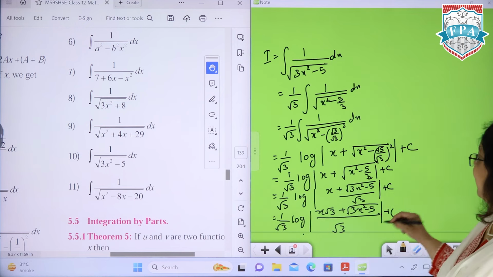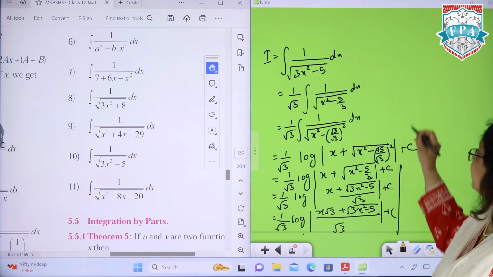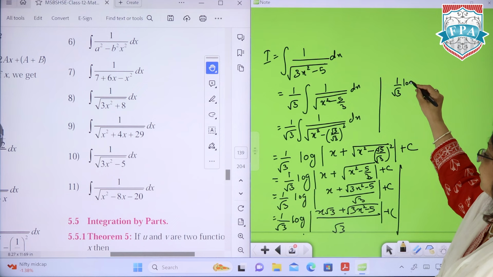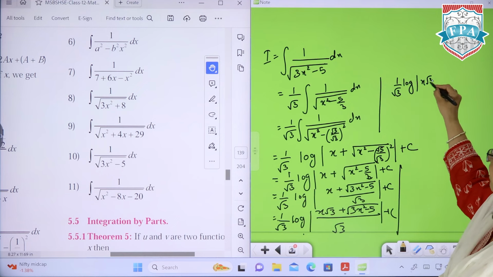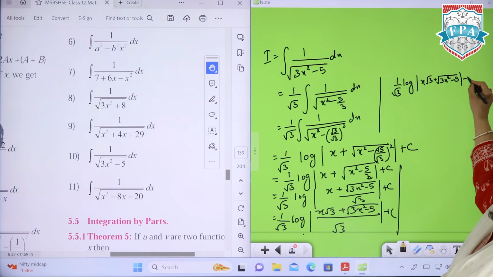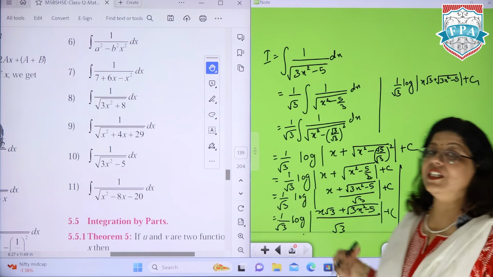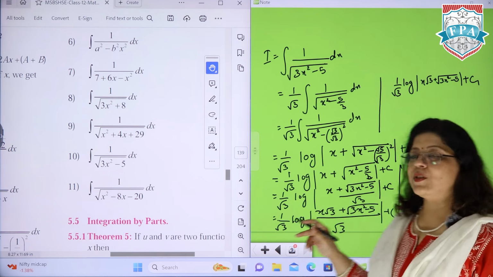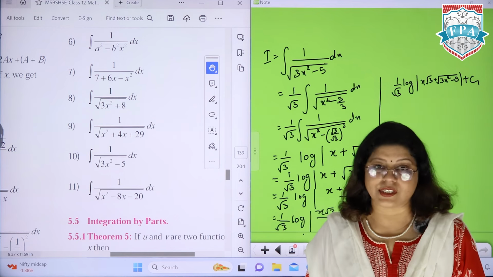So we write the final answer as 1 by root 3 log x root 3 plus root 3x square minus 5 plus c1 or c dash. Okay, because now this log root 3 also has become a part of the constant.